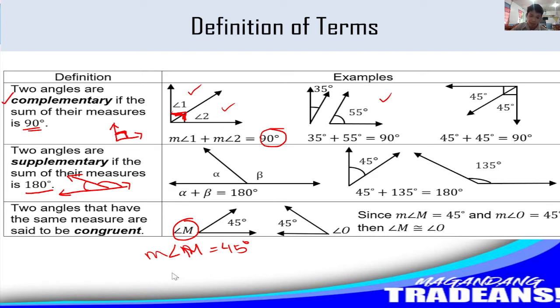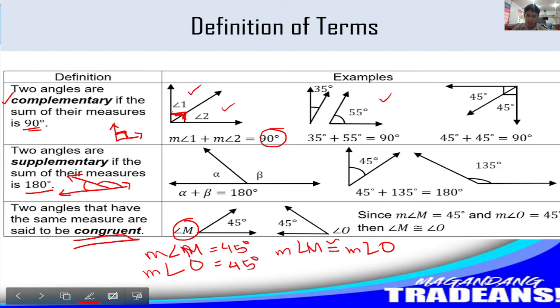On the other side, the measure of angle O is equal to 45 degrees. Therefore, the measure of angle M is equivalent to the measure of angle O. So they are congruent. Since they are equal, they are said to be congruent. That is the meaning of congruent angles.